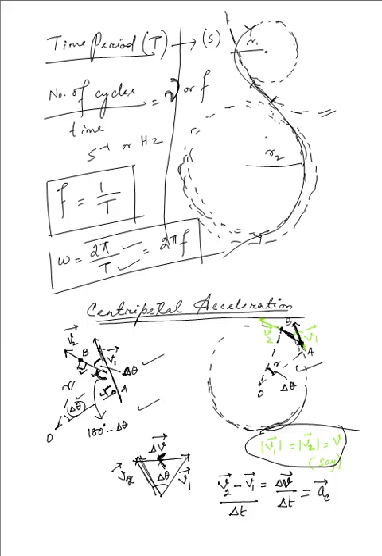With del t being very small, this triangle OAB can be treated as a triangle instead of a sector. So that triangle is similar to this triangle.